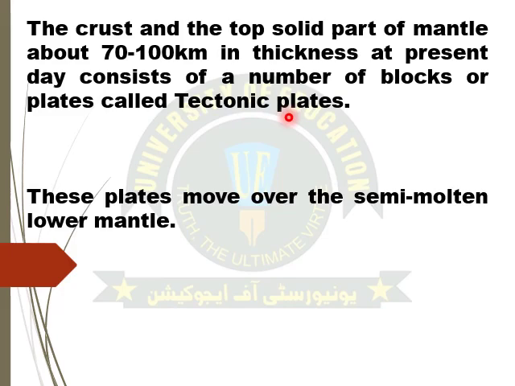There are about 7 different tectonic plates on which different sub portions or islands or bigger islands are present. These plates move over a semi-solid molten lower mantle that we have discussed in our above slide. This semi-molten lower mantle starts from 100 kilometers.